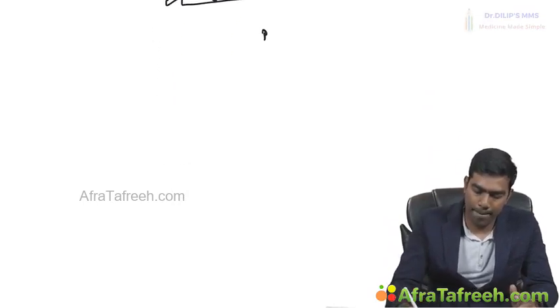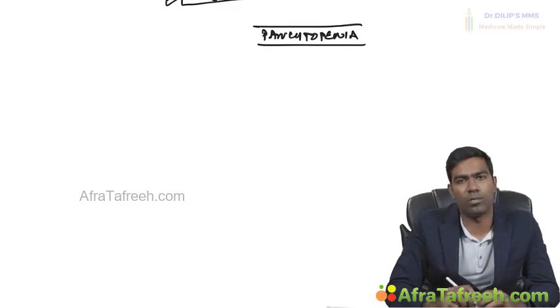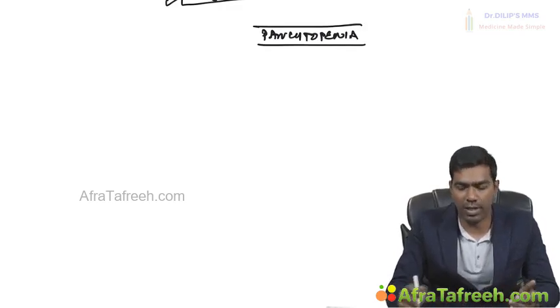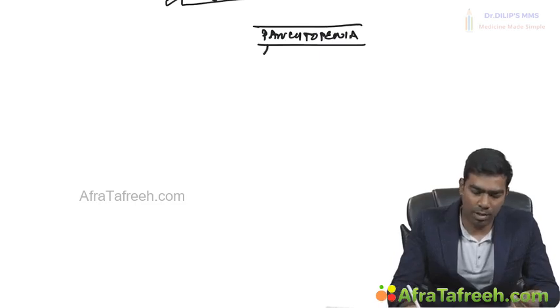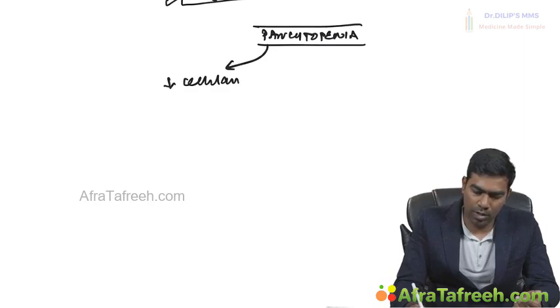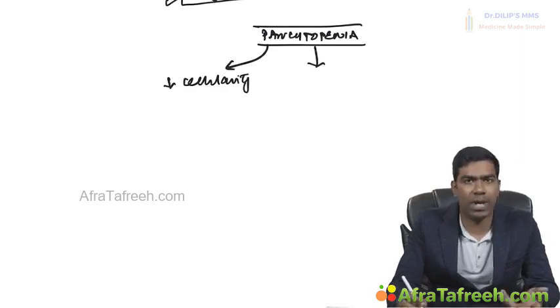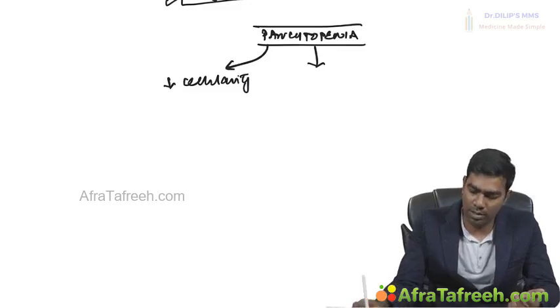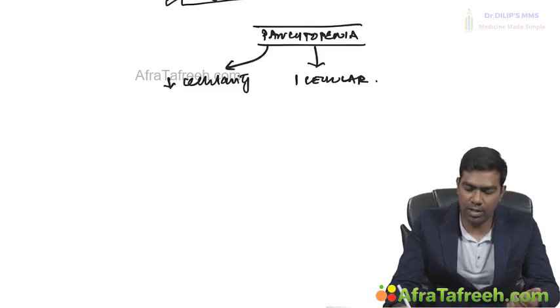Finally, let us discuss the etiologies of pancytopenia. This is the final thing that I'm going to discuss in the anemia section. Whenever there is pancytopenia, you can have pancytopenia with reduced marrow cellularity, pancytopenia with increased marrow cellularity, or a hypercellular marrow.